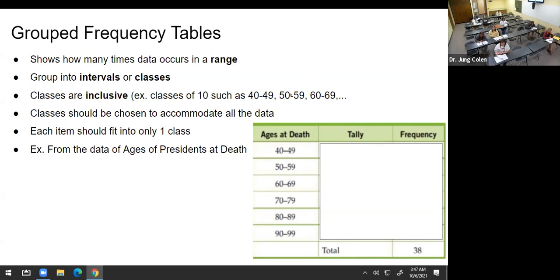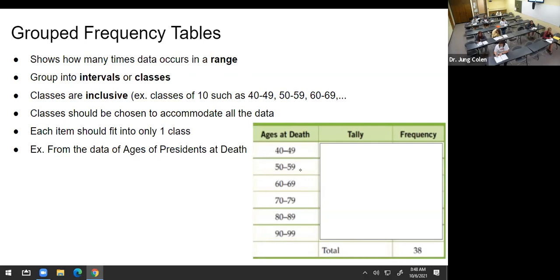Is 93 the oldest? Okay, so what's the difference between 93 and 49? 44? So you have 44 as the range. So let's look at the first one here. How many times that occurs in the range? So we have a range of 44. And how can we make that with a good interval?